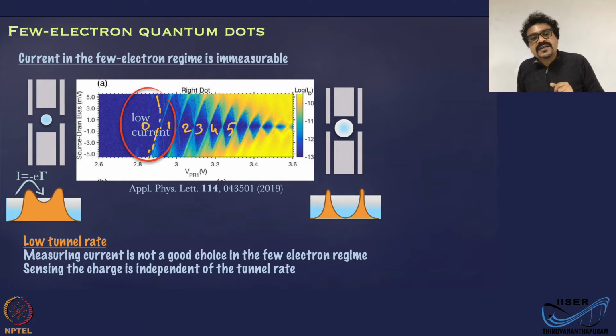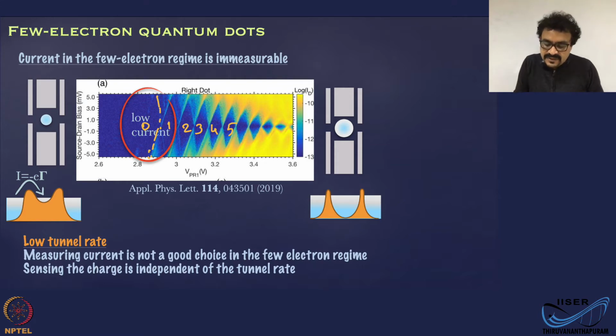But that's not really clear, because you are actually doing a current measurement, and every current preamplifier which you use to measure the current to the device has certain sensitivity limits, or a lower bound of sensitivity. Usually anything less than a few femtoamps is almost immeasurable.